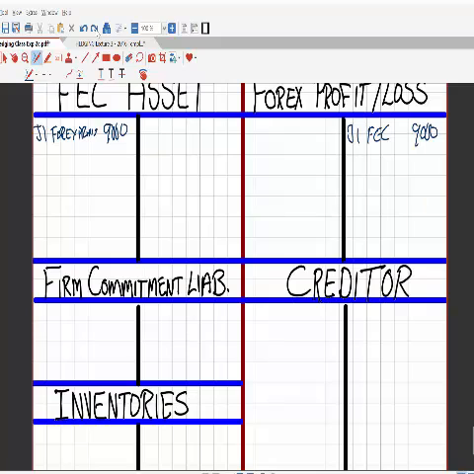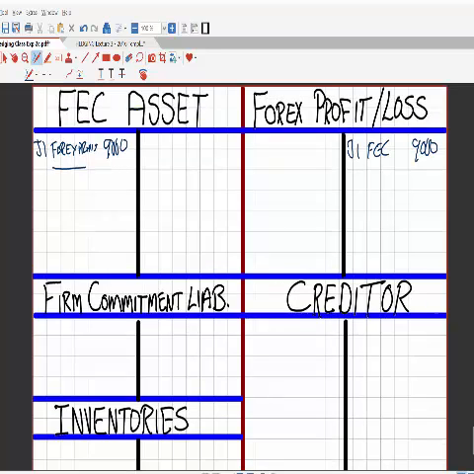Journal number 1, as you can see there, is your forex profit, 9,000 against the forex profit account. So that's our first entry. Then journal number 2, as we said, we've got this firm commitment, and because it's making a loss, you debit the forex loss and you credit the firm commitment liability account.